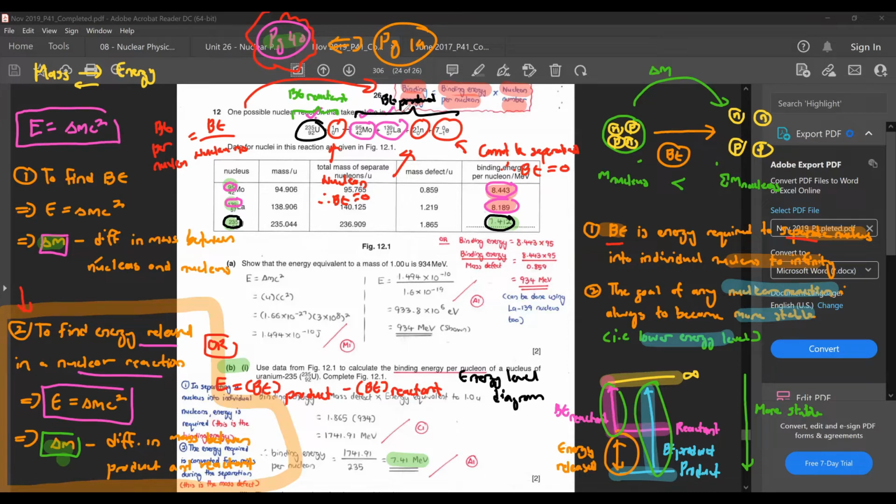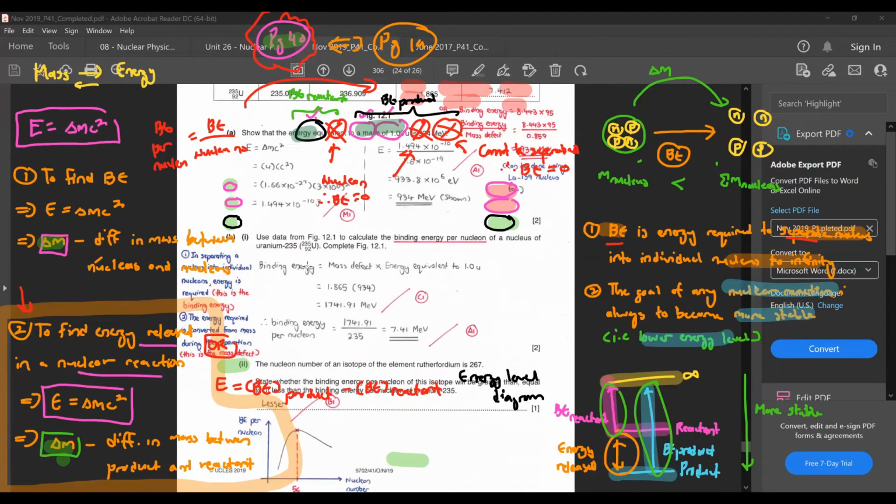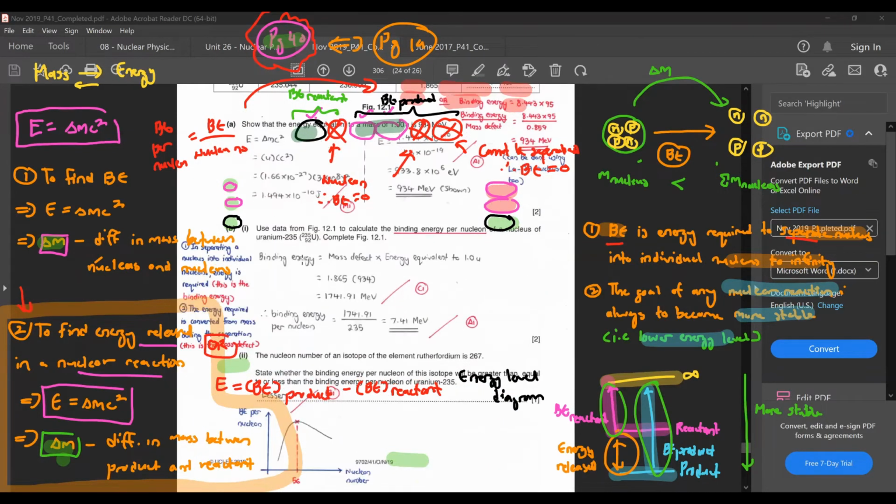But when you sum it up, just be careful that there are some components that do not have BE. The neutron does not have BE, neither does the electron. So you see later on in the workings, when you're talking about the BE, you're really only considering those three, which is what you see in the workings right over here.